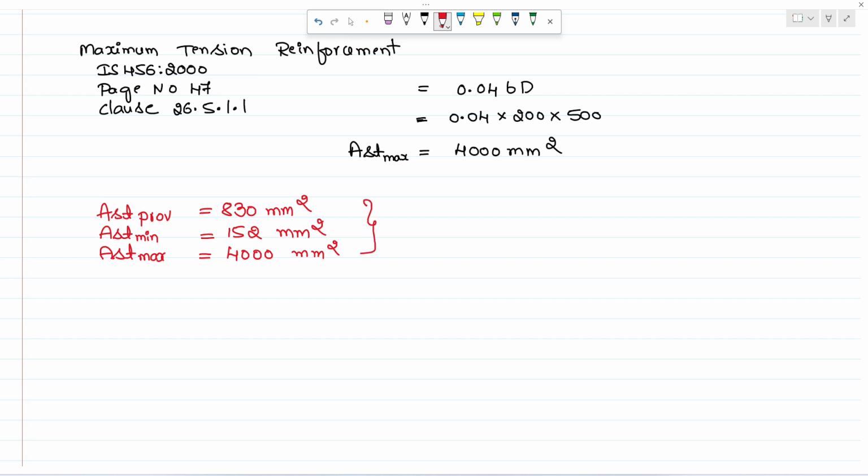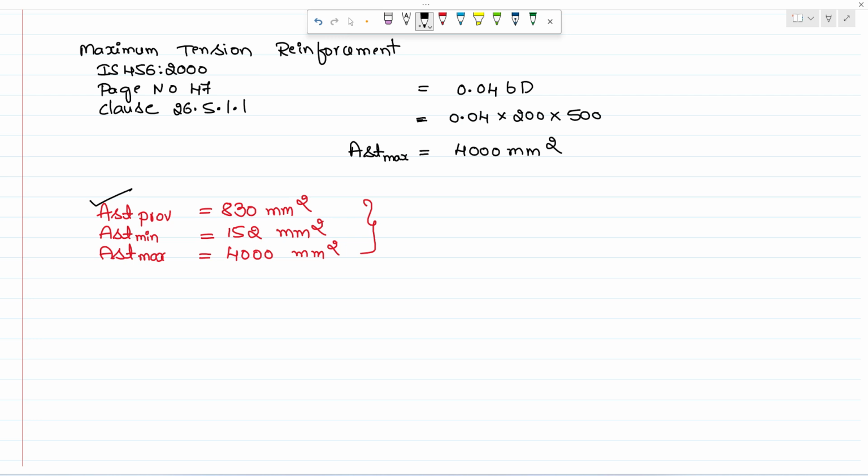So if you observe these three values, the provided reinforcement area should be greater than the minimum and less than the maximum. Whatever the reinforcement you provided, it should be greater than minimum.